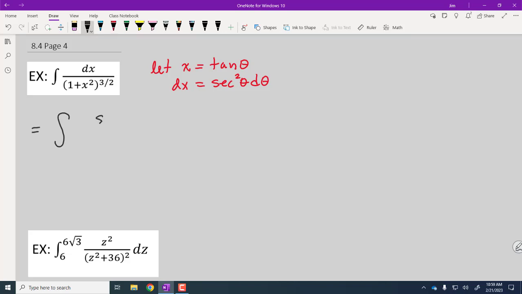So dx is secant squared of theta d theta. The denominator is 1 plus tangent squared of theta, quantity to the 3/2. So now we have done the trigonometric substitution part.